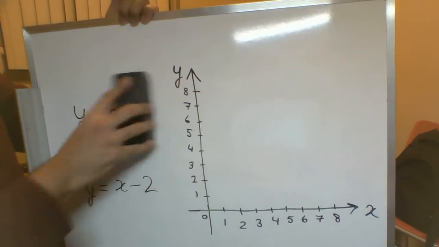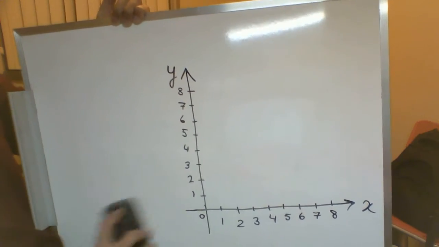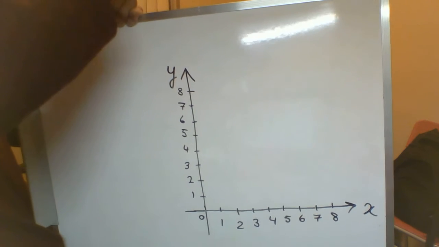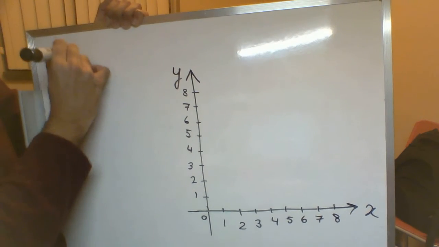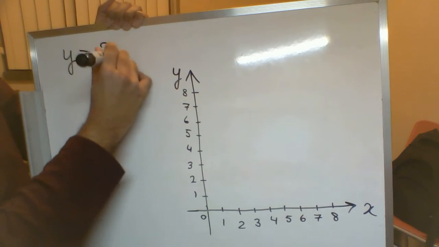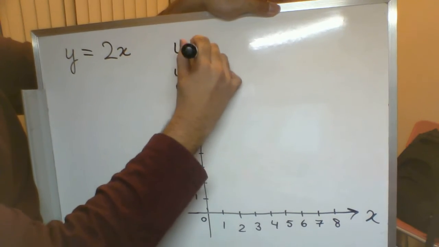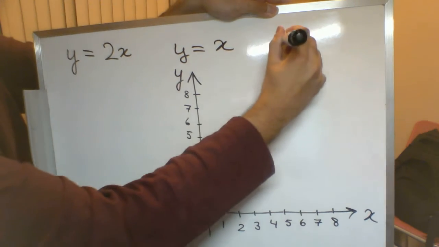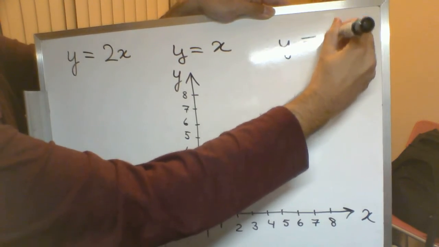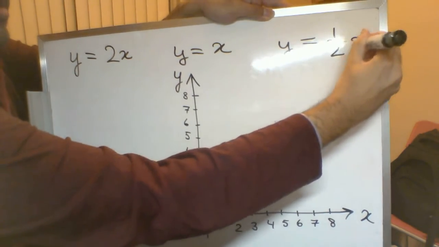So don't write those ones down, but write these next ones down. Today the equations that we're going to be doing are y equals 2x, so 2 times x, y equals x, and y equals 1/2 x.